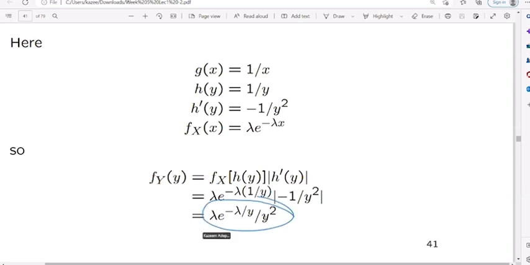Is there anyone who needs clarification on how we figured out the PDF of y? Somebody asked, do we always define g of x to be equal to y in such a change of variable problem? Yes, you're going to do that. Somebody asked, could you go over how we got the Jacobian here? Actually, the Jacobian is a derivative.